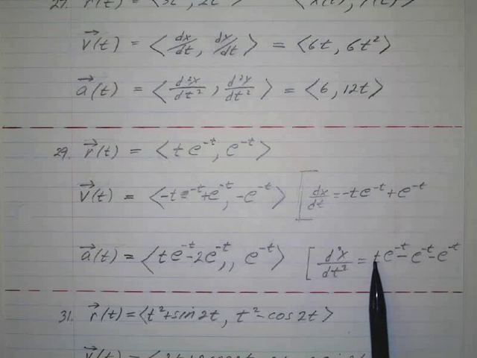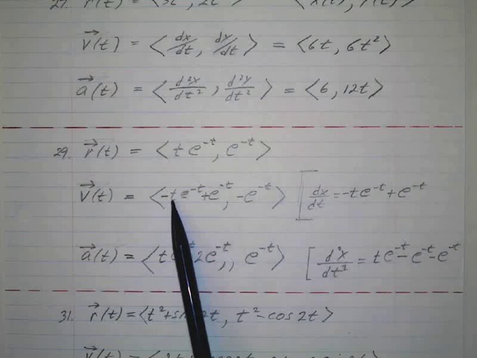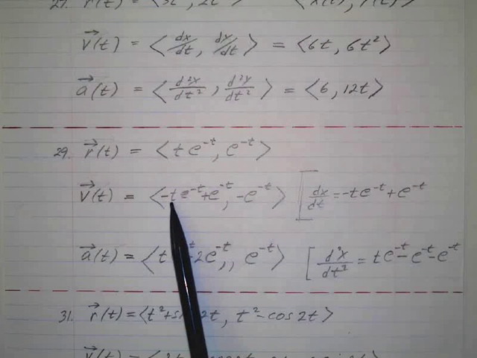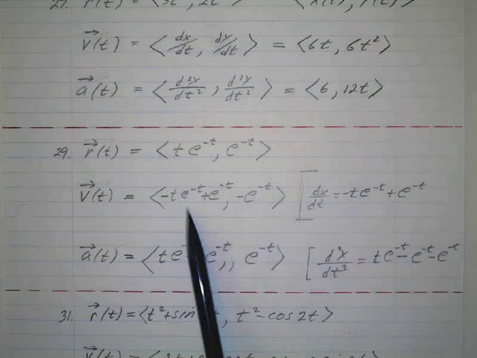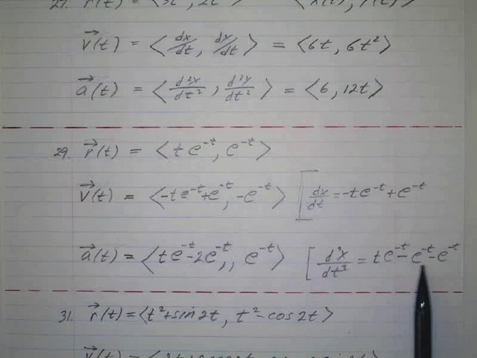So that makes it a positive. And then the derivative of the first is negative 1, times the second, which is e to the negative t. So that's the derivative of the first times the second.